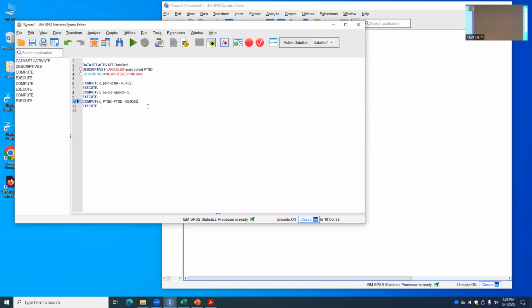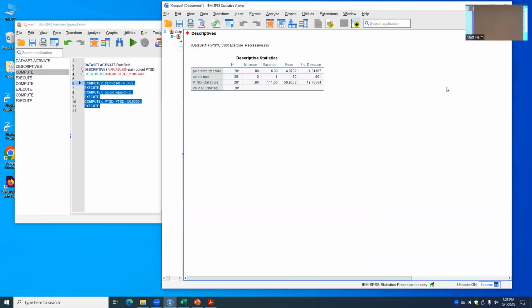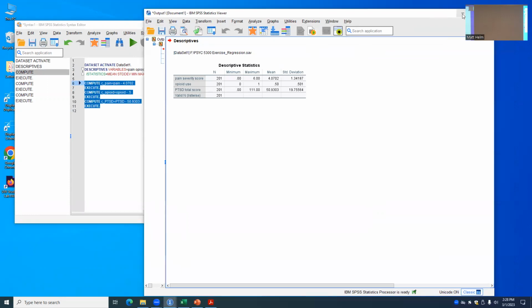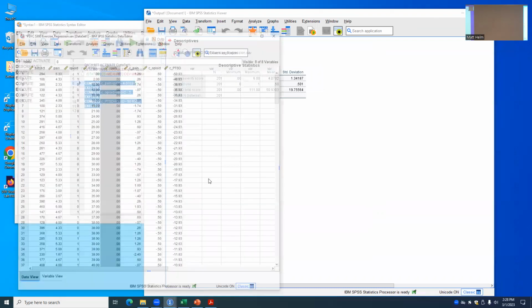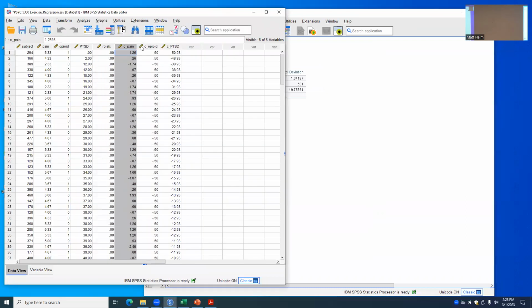So we've gone through, got my commands, and I'm just creating 3 new variables, right? And these 3 new variables should pop up right here, okay? So these are my new predictors, my centered predictors that I'm going to use moving forward.